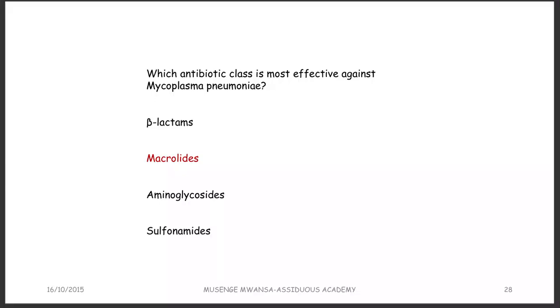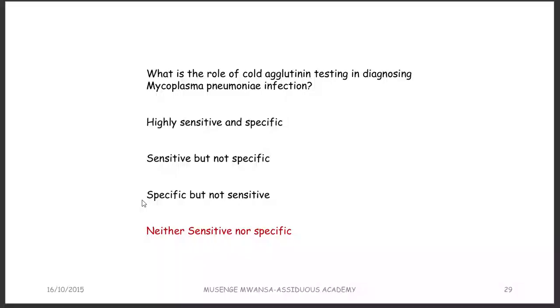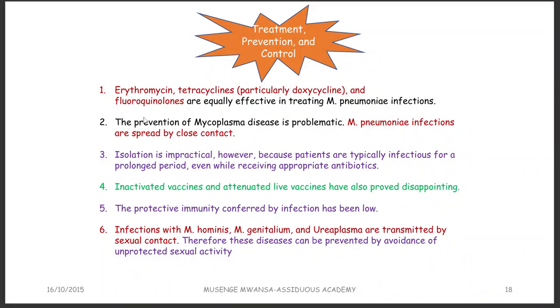Which antibiotic class is the most effective against Mycoplasma pneumoniae? Remember, the beta lactams can't work because they target a cell wall. Aminoglycosides target protein, sulfonamides target folic acid, macrolides are better. And among the macrolides we mentioned erythromycin.